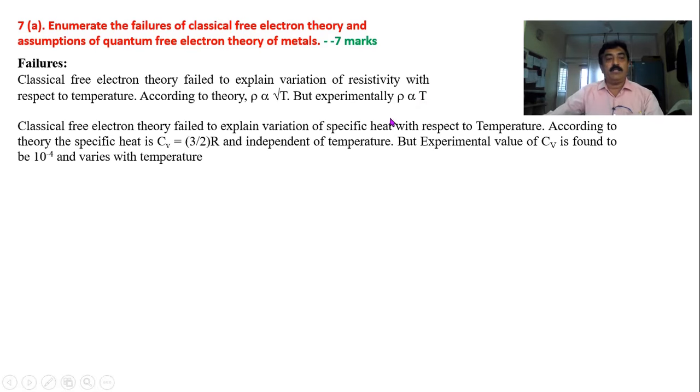Coming to the second failure, classical free electron theory failed to explain the variation of specific heat with respect to temperature. In the worst case, this first sentence itself is enough, but it is better to write 1 or 2 more lines. If you only write that it failed to explain the specific heat variation, some evaluators may consider it and give full marks.